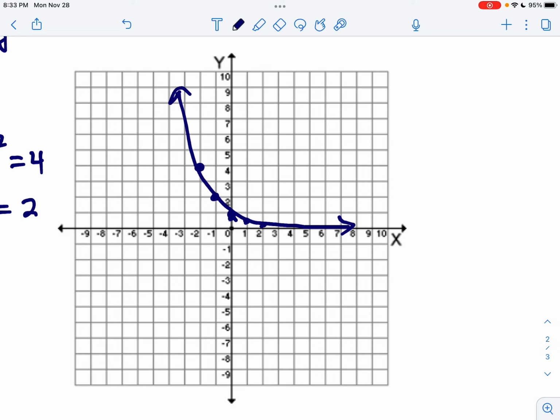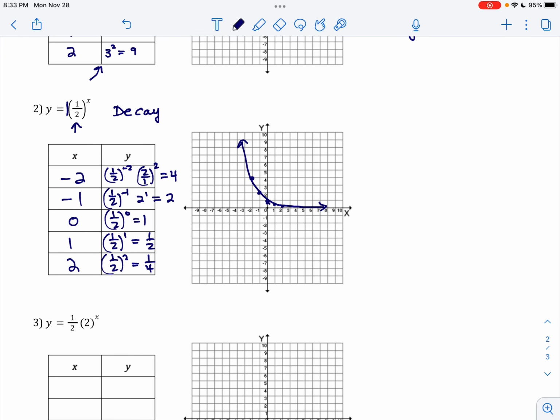Okay. Domain is all real numbers. And the range, since it's above the x-axis, the range is going to be y is greater than 0.